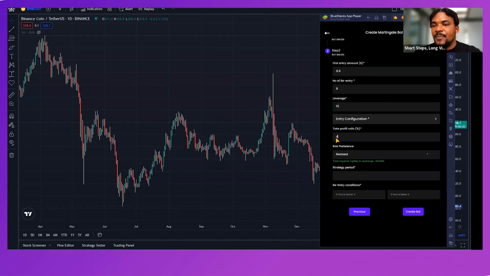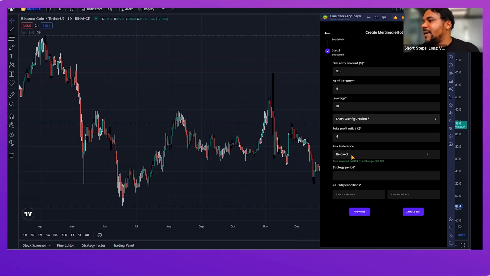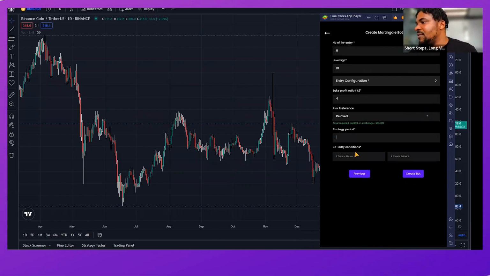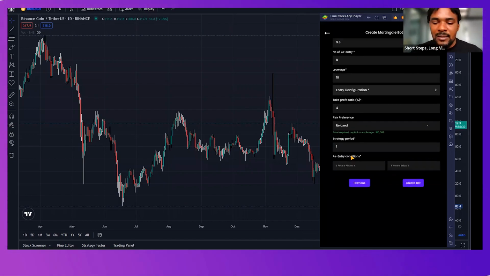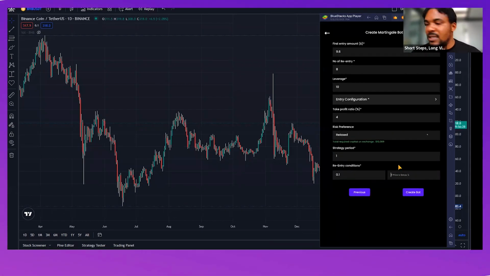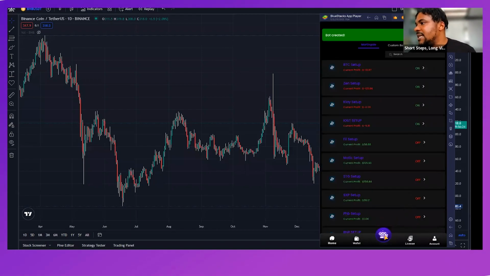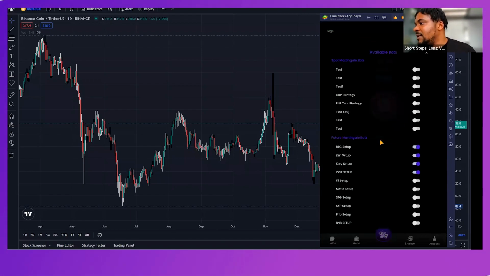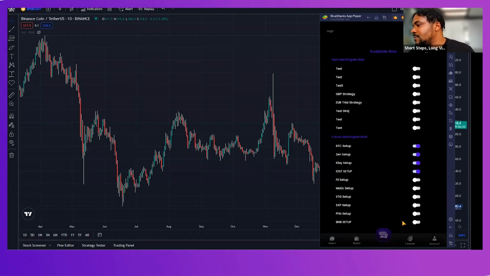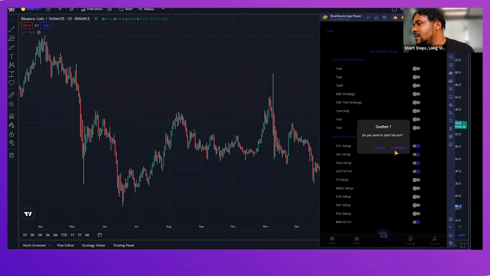So this serves as part of the long-term trade. Notice when we're in a volatile market, we do short-term trades; in a non-volatile market, we do mostly long-term trades. So I'm now going to set strategy period to 1, because it's just going to be a one-time trade. And then I create, and I'm going to start BNB immediately. So I have the BNB setup here.